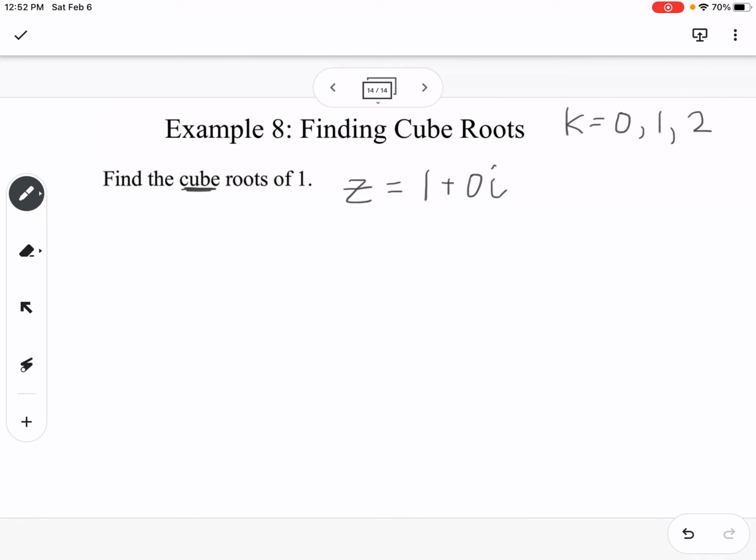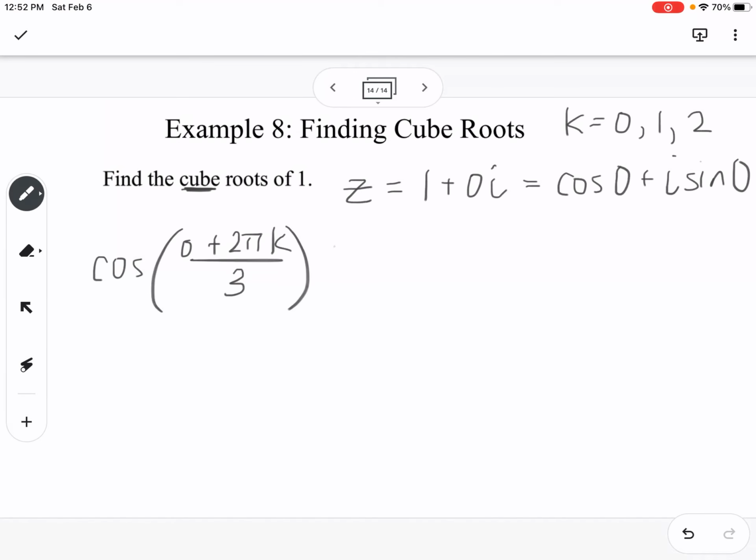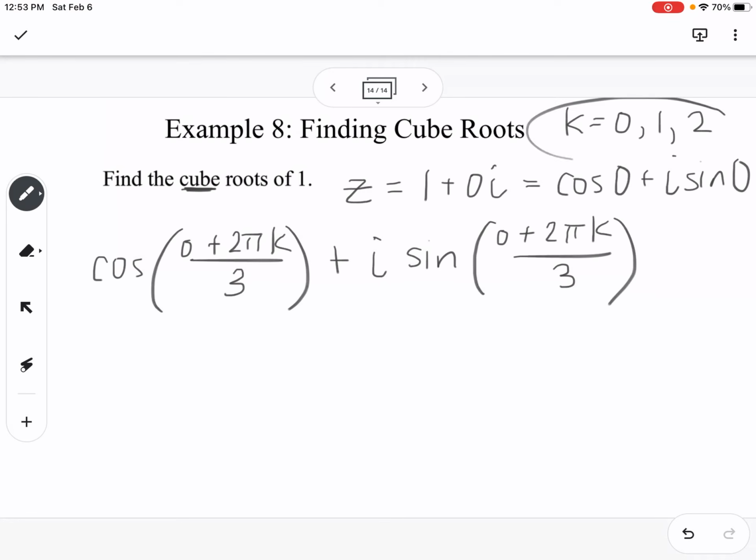In polar form, it'd be cosine of 0 plus i sine of 0. We're going to use that formula from the previous slide: cosine of 0 plus 2 pi k over 3 plus i times the sine of 0 plus 2 pi k over 3. And we're going to use 0, 1, and 2.